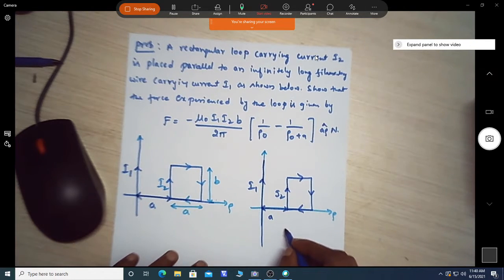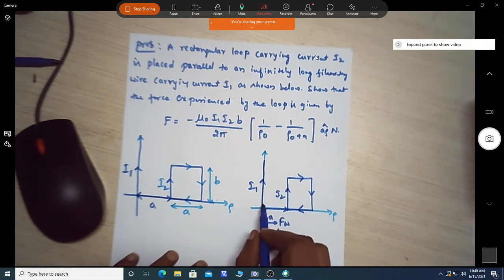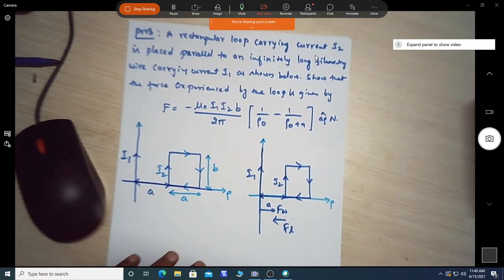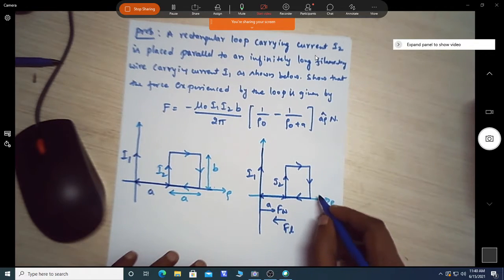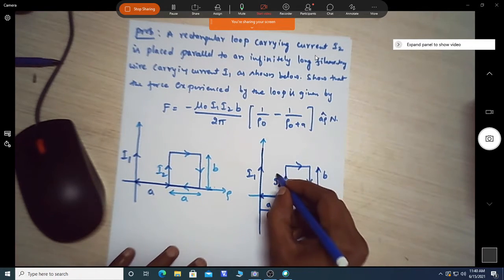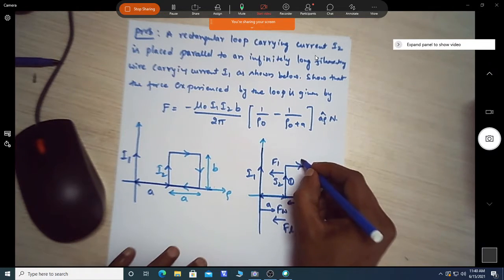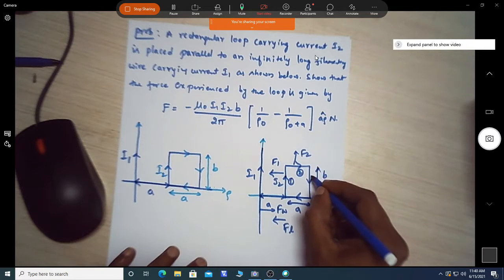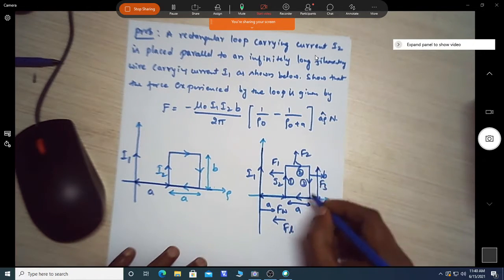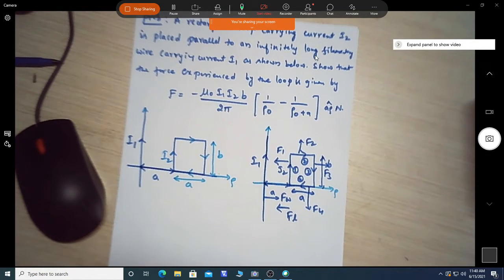Let us take the force due to the loop FL and the force due to the wire FW. Here we have B and A. Let us take the force exerted by the first element F1, the second element F2, the third element F3 and similarly the fourth element F4.